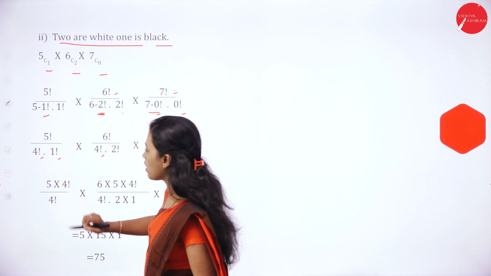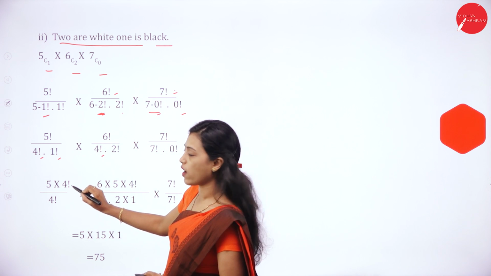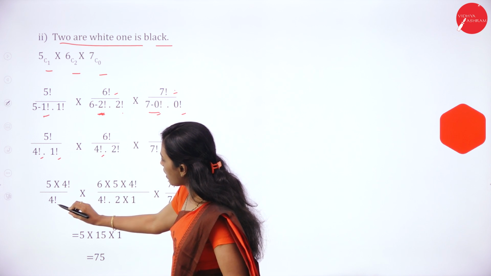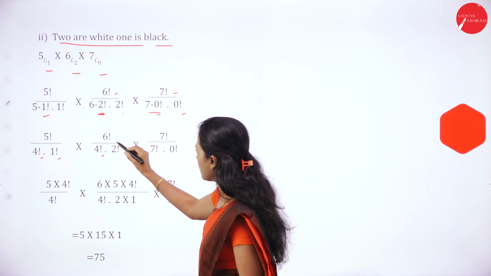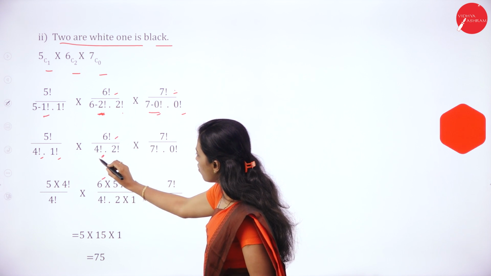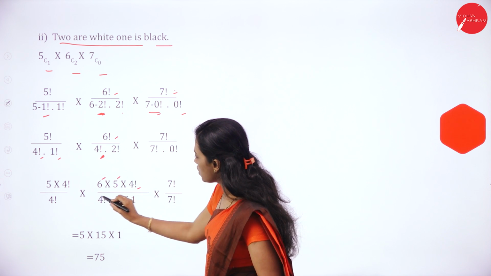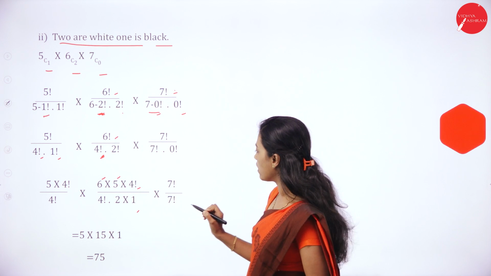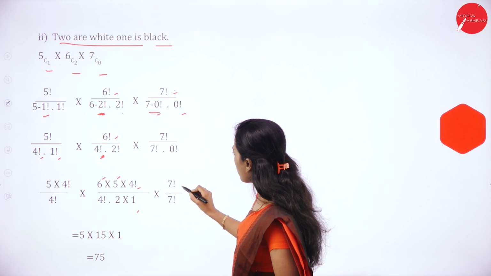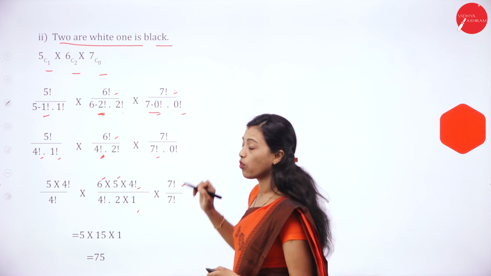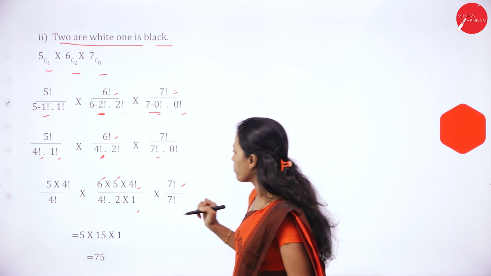So 5 factorial means 5 into 4 factorial, divided by 4 factorial. Then 6 factorial is 6 into 5 into 4 factorial divided by 4 factorial into 2 into 1. Then into 7 factorial divided by 7 factorial. 0 factorial means 1.